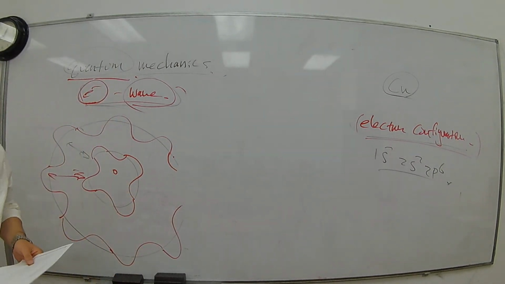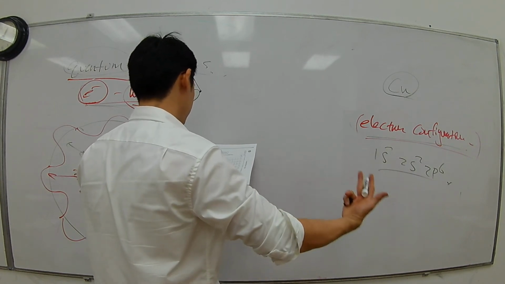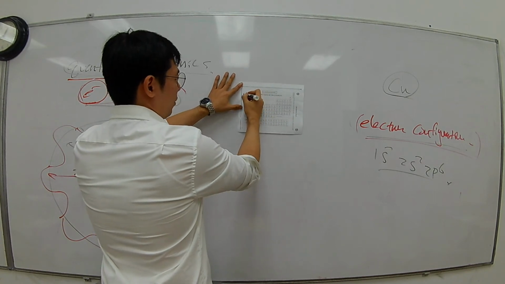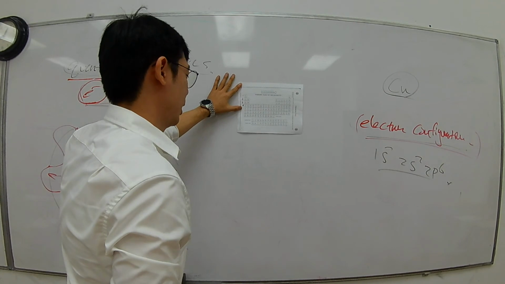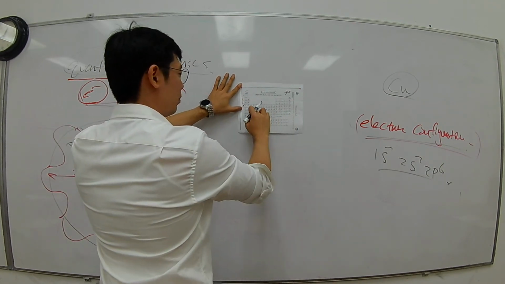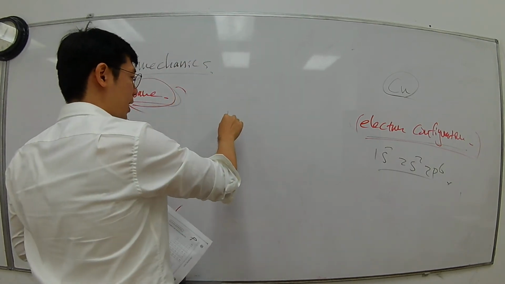If you look at the periodic table, this is the first principal energy level, second level, third level, fourth level. This is the S block, that's the P block, this is the D block, and that's the F block.